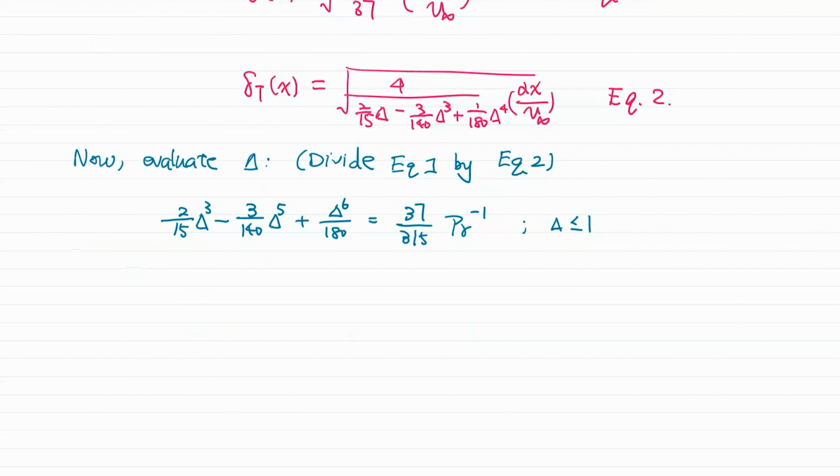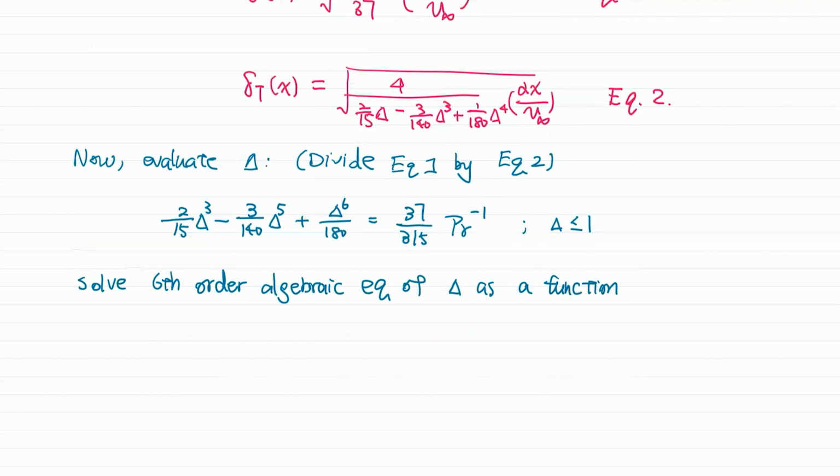Now we can solve this 6th order polynomial, or algebraic equation, of the capital Delta as a function of the Prandtl number, and the solution may be curve fitted by the following equation.